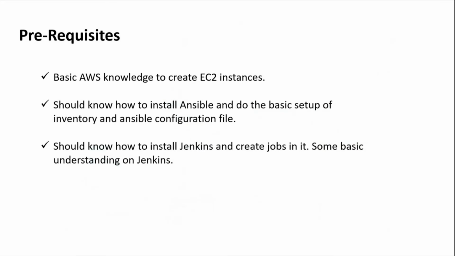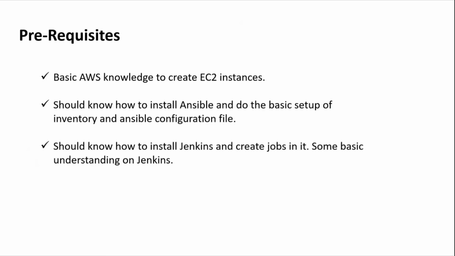So before we move on to the setups, let's understand the prerequisites. You should have some basic AWS knowledge to create EC2 instances, and you should know how to install Ansible and do the basic setup of inventory and the Ansible configuration file.